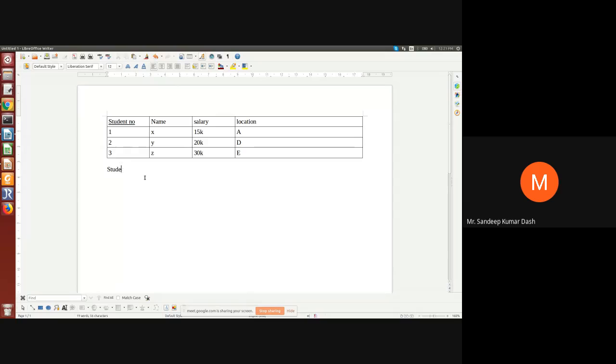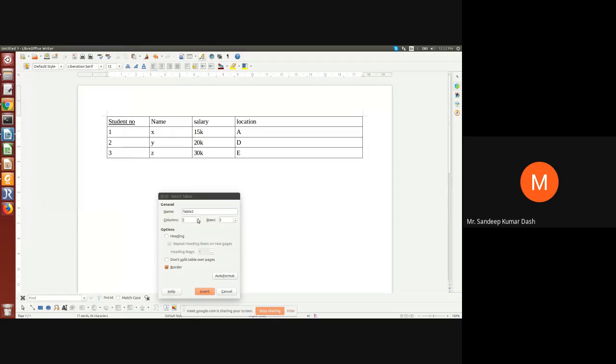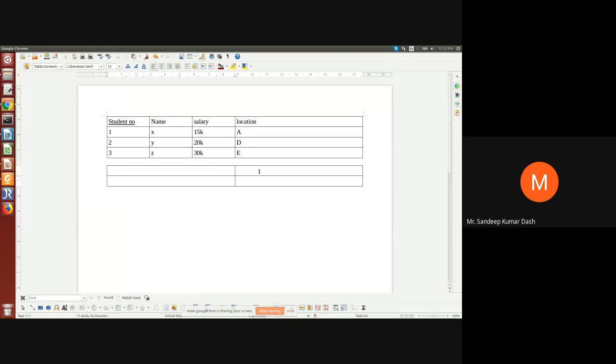Sorry. I have to decompose this table into two tables. Are you seeing the screen? Yes, sir.